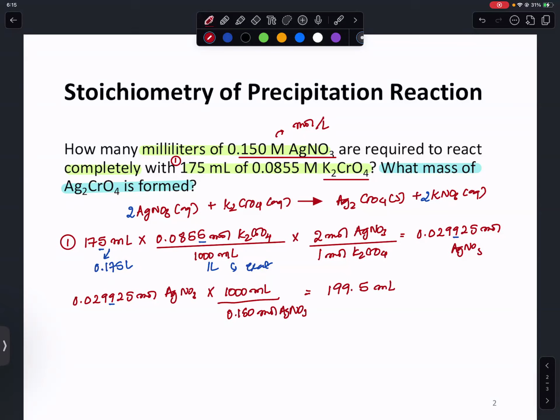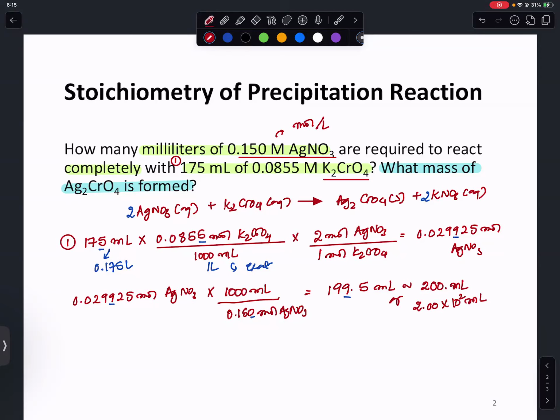Now we need to track our sig figs. The lowest number of sig figs here is going to be 3. And since we have a 5 after the 9, I'm going to round it. So it's going to be 200. and then I add a decimal, milliliters, or you can write it as 2.00 times 10 to the second milliliters.